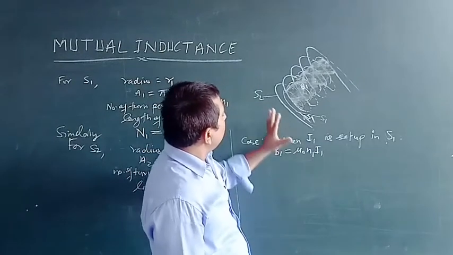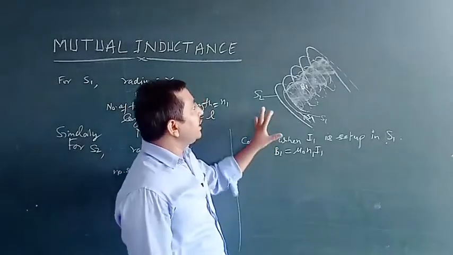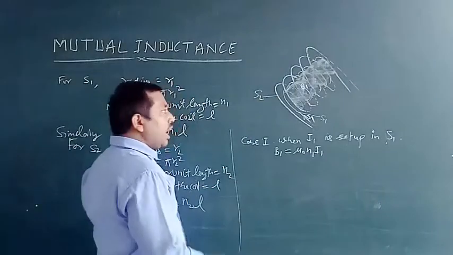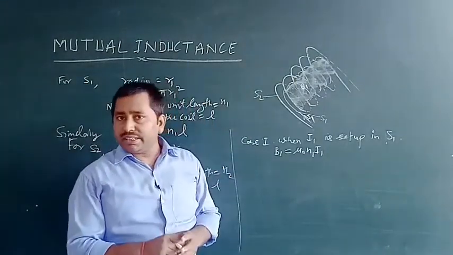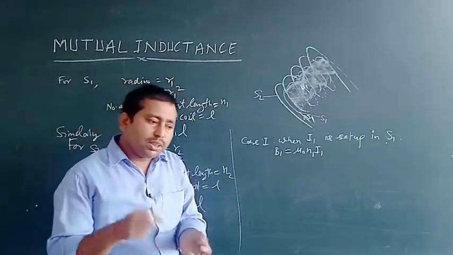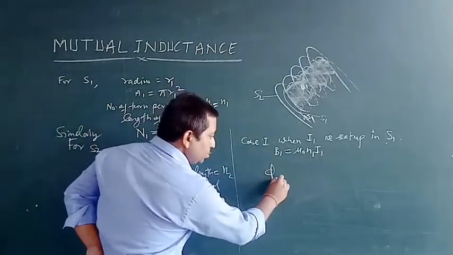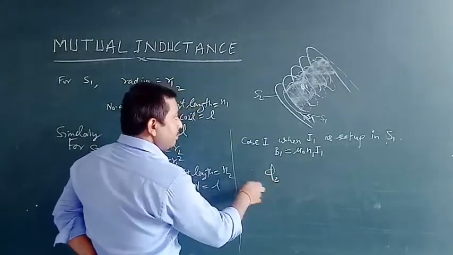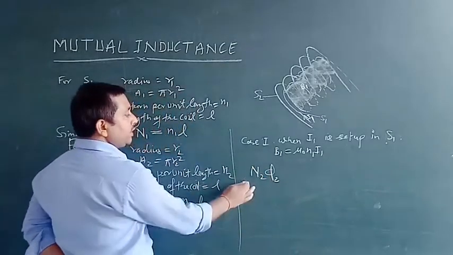Now what will be the value of the flux linkage to the second coil? As we know, in the simple case of mutual inductance, the flux linkage to the second coil due to the current flowing in the first coil is phi 2. This is the linkage flux in the second coil. If the number of turns is N2, then the total flux linkage will be equal to N2 phi 2.